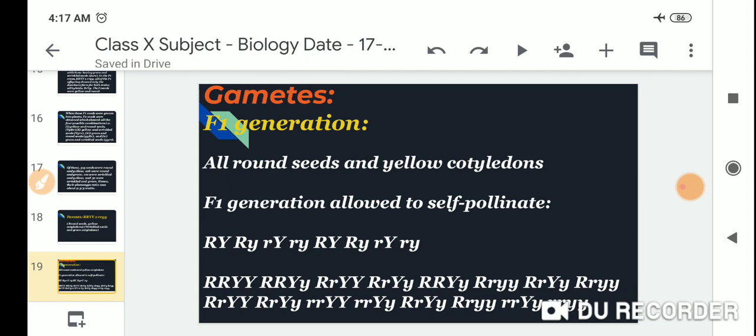Capital R capital Y and capital R small y, crossing over to small r capital Y and small r small y. Capital R capital Y, capital R small y, small r capital Y, small r small y. The F1 generation is shown in this figure.